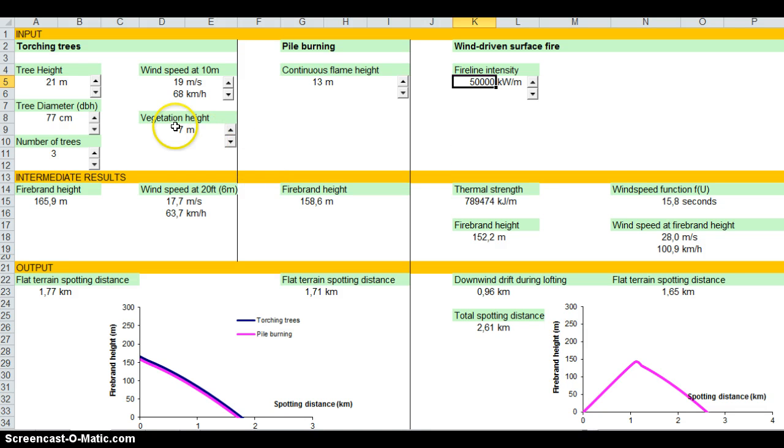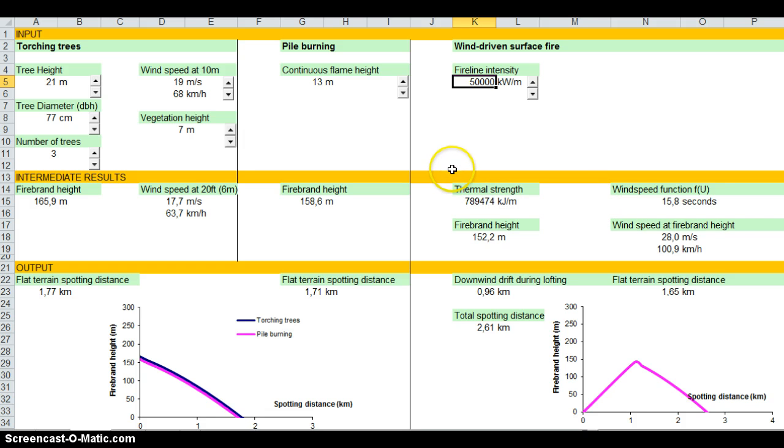So these are basically the approaches that are used in many of the software packages available to predict spotting distance, and it's good that you can compare them, that you have in the same spreadsheet the possibility of looking at both, looking at the estimates, and understanding how they operate, the inputs, the outputs, and the intermediate results.